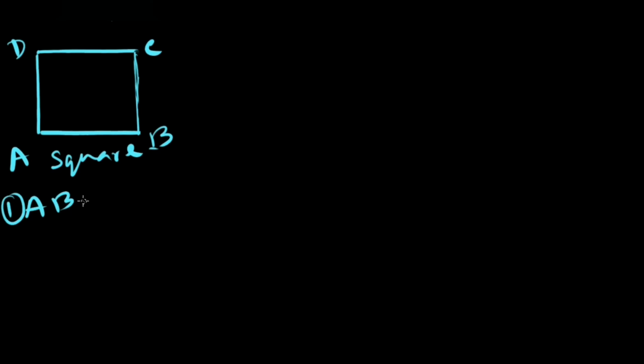So consider this is a square and each of the sides are equal lengths. So if someone is giving you 4 coordinates of these vertices and asking if it is a square or not, so what to do? We will determine the lengths. First of all, lengths of each side will be same, so AB, BC, CD and AD will be equal to each other.